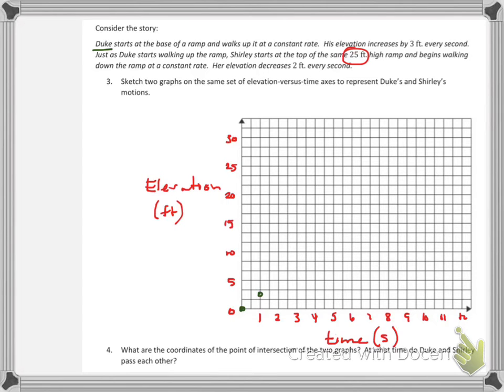After 2 seconds, he'll be at 6 feet, just a little bit over 5. After 3 seconds, he'll be at 9 feet, just a little under 10. So we've got this line here that we can draw. Get a green here for Duke. And that's going to be our line for Duke.